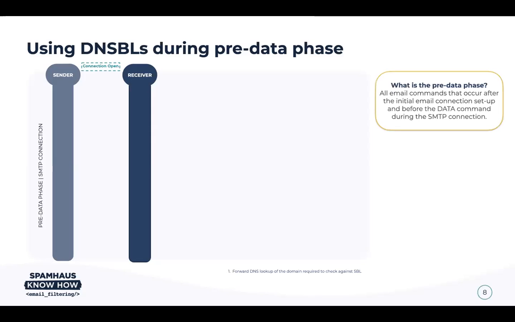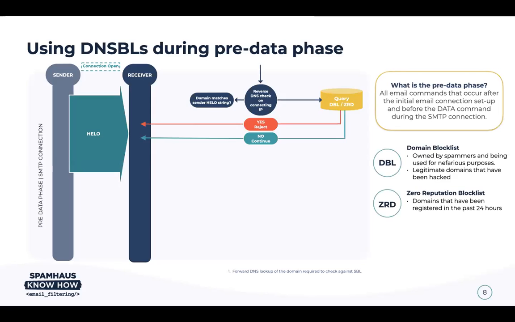At this point, we know the IP, we know its reverse DNS. So the very first thing that we can do with that is look it up against DBL and ZRD. Both DBL and ZRD are domain-based information bases, meaning that you can query them using a domain or a hostname as the key, and they will return what they know about it.